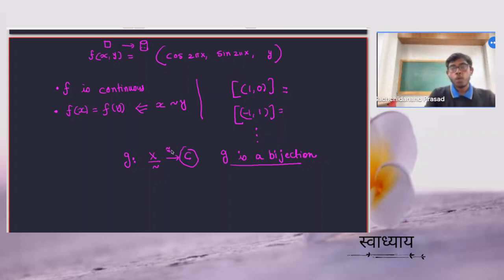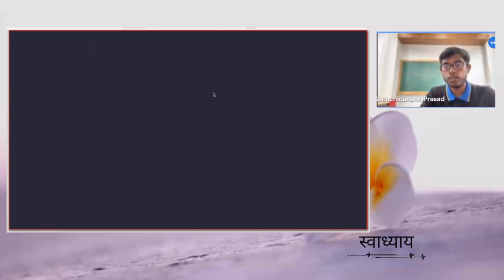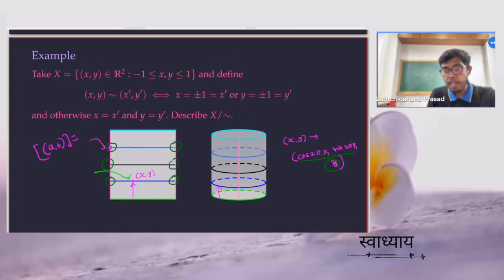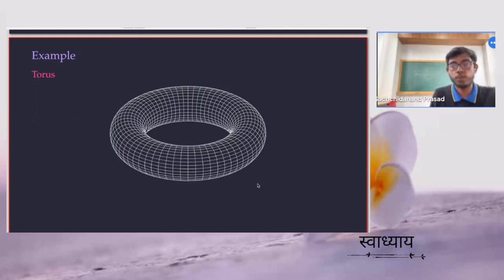Okay. So good. We also saw in the previous session that if I take the cylinder and now glue the two opposite circles, so if I take this and glue this to this, I'll be getting a torus, something like this.